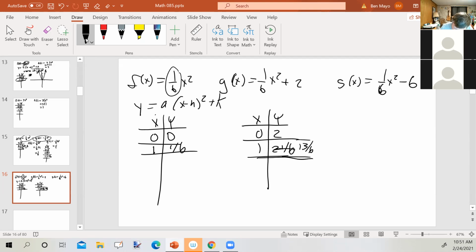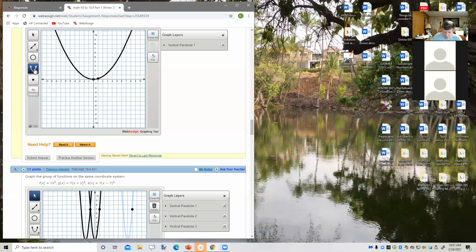Oh, because you can't put a mixed number in, right? Yeah, let me try and see what happens. I just seem to recall that it doesn't work very well. So let me go back to this screen and we're going to go 0, 2, and then 1. I want 2 and 1/6.